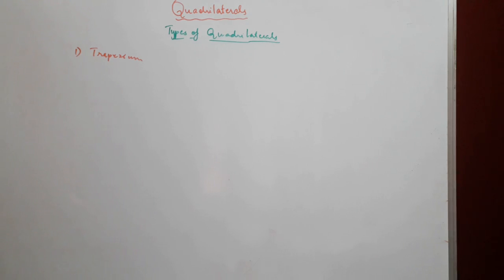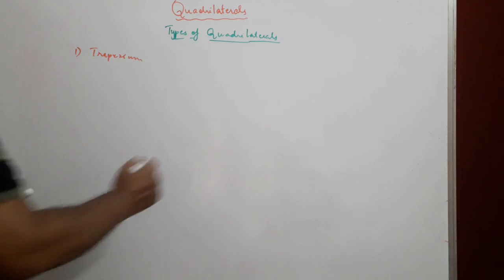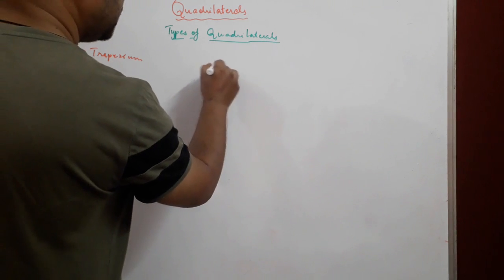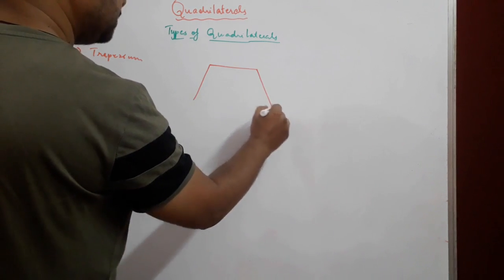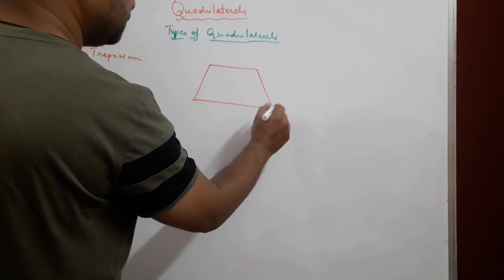So what are the main properties of a trapezium? First we'll draw a figure of trapezium, and that will help us to understand what are the various properties of a trapezium.